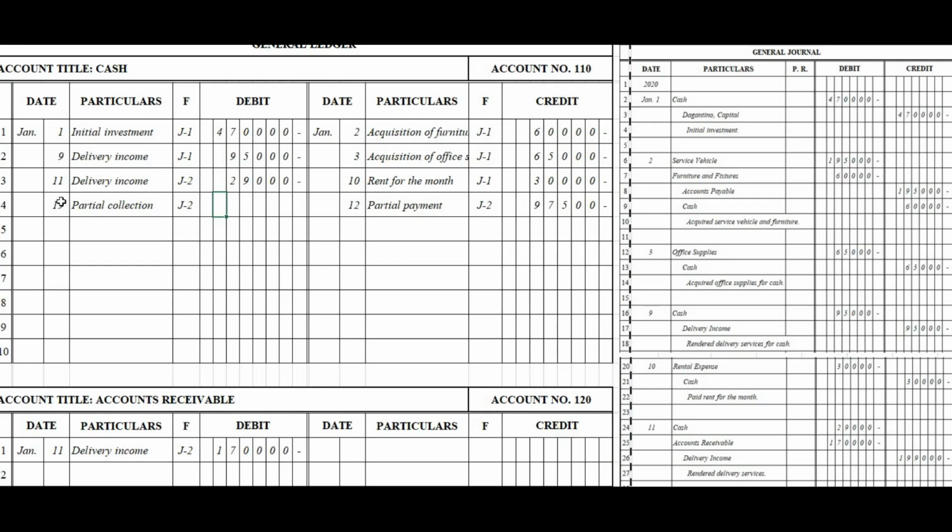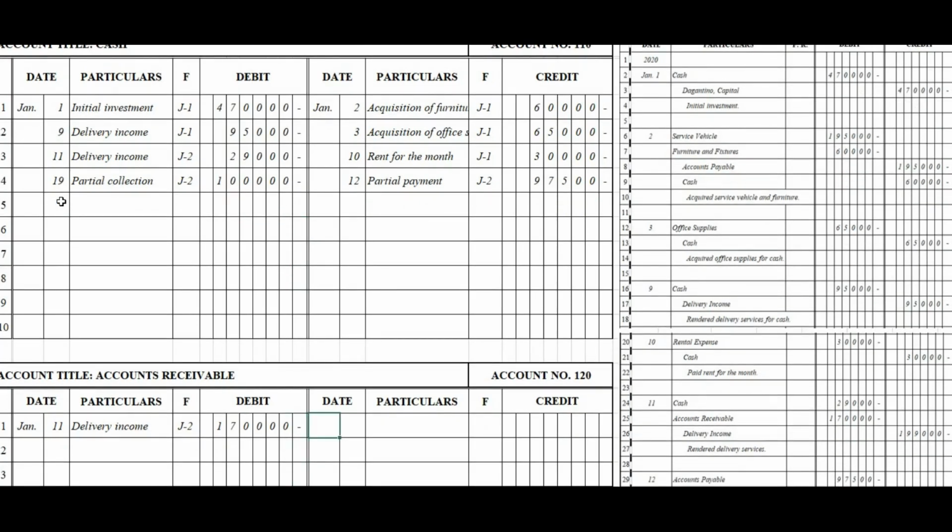So, that's 100,000. Yan. Ang partner niya ay accounts receivable. So, dito, January 19. So, that is partial collection. So, that's 100,000.